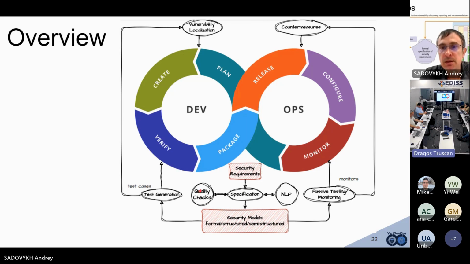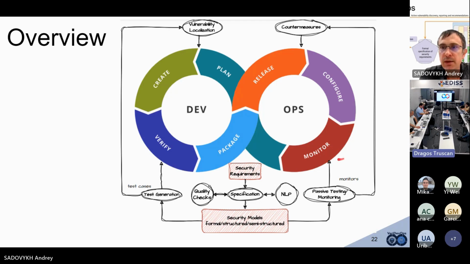This goes with the help of various natural language processing methods, to obtain what we call security models, designs that are formal, structured, or semi-structured, that could help to generate specific test cases to verify the system, or generate specific monitoring rules, so that at operations we can check that the system behaves the way it was specified, right?